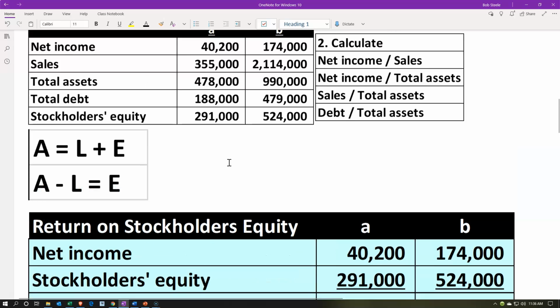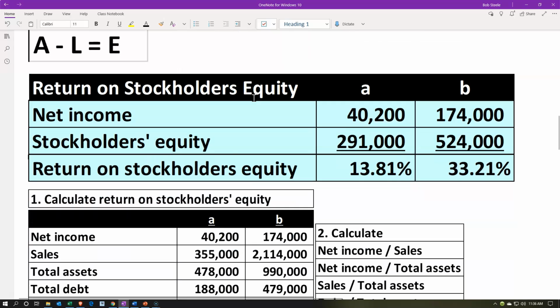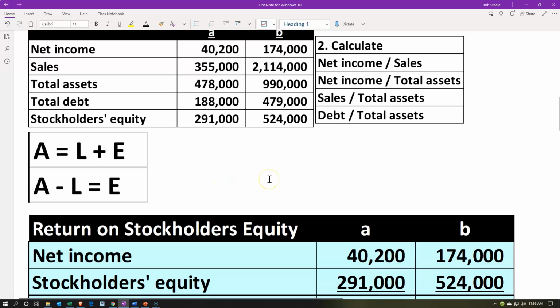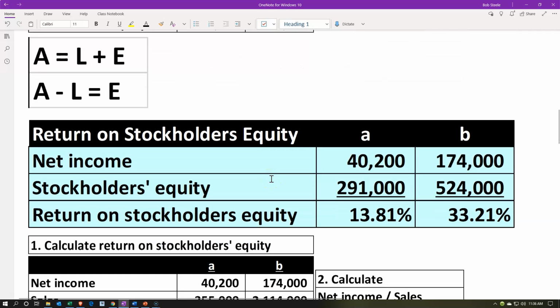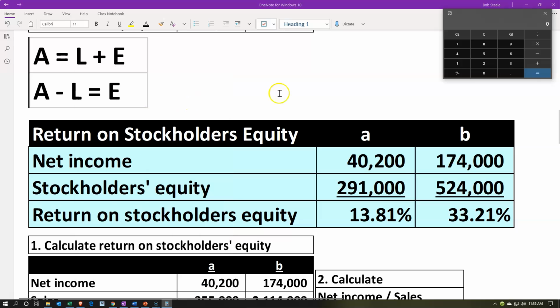We're going to have the net income up top, $40,200 for A and $174,000 for B. Then we have the stockholders' equity given as $291,000 and $524,000 for A and B respectively. Let's do the calculation so we can see the percentages and rounding.